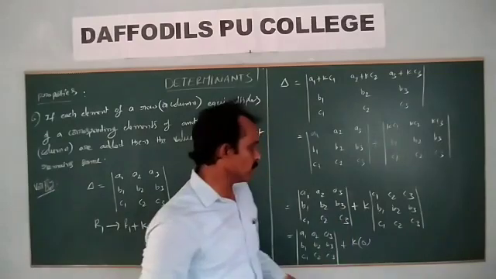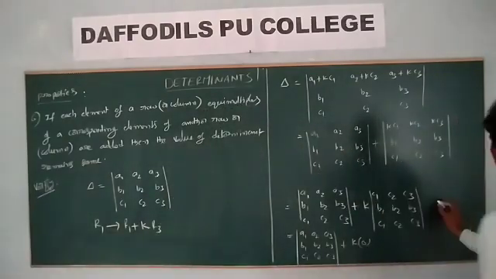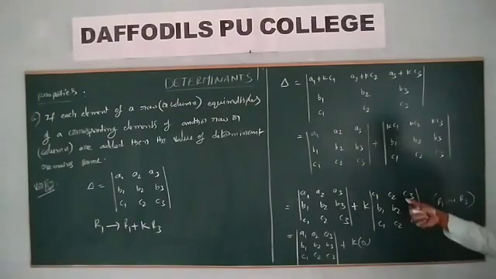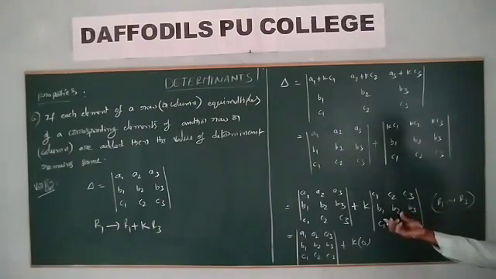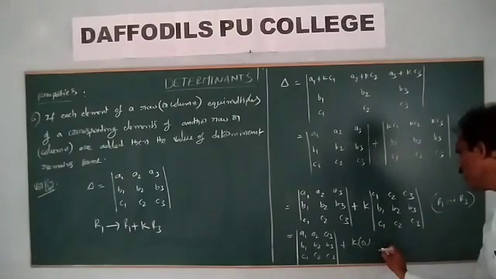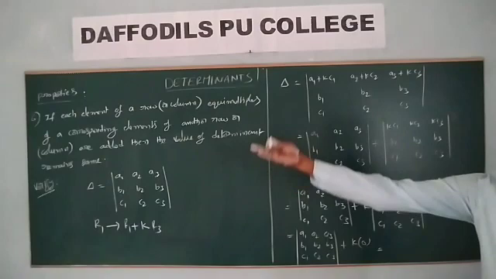That value is equal to 0. So here, R1 is identical to R3. Then by the third property, if two rows are identical, the value of the determinant is 0. That implies K into 0.